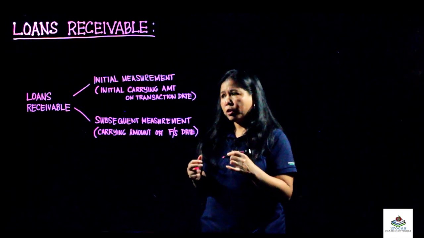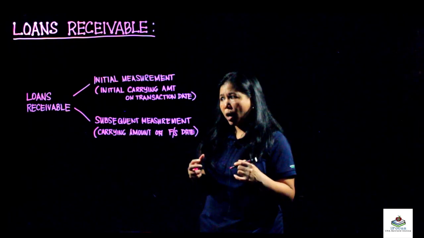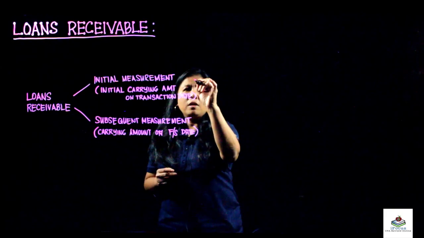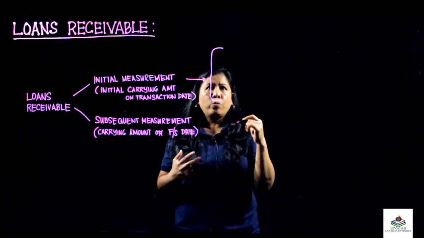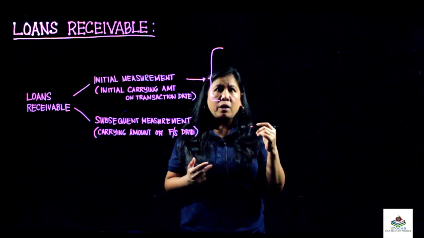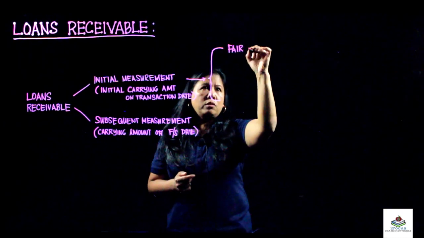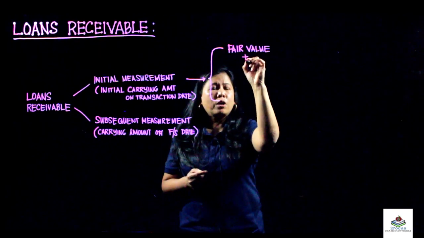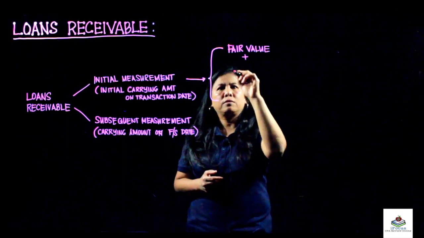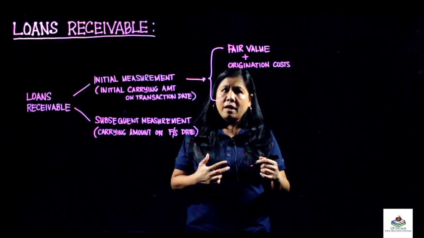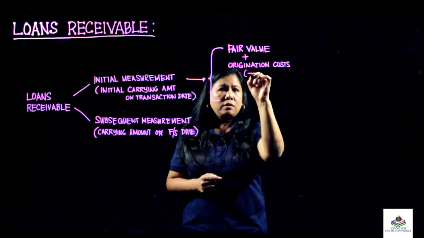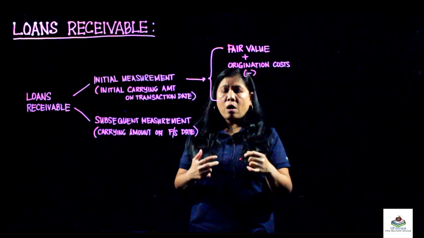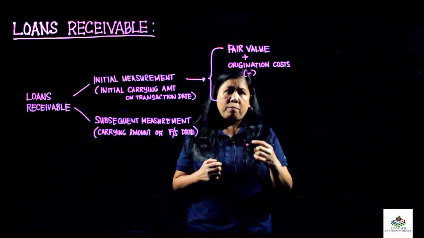Our initial measurement, or the initial carrying amount of the loans receivable on transaction date, will be calculated as follows. We start with the principal amount or the fair value, then we add our origination cost, and then we minus the origination fee that we charge to the borrower.